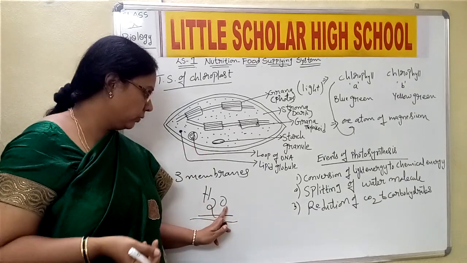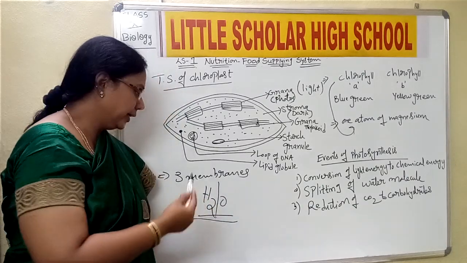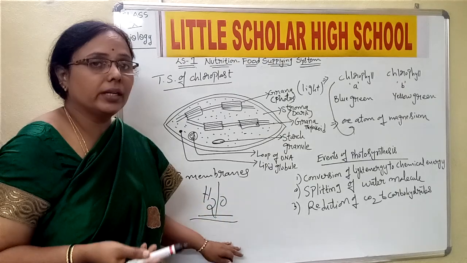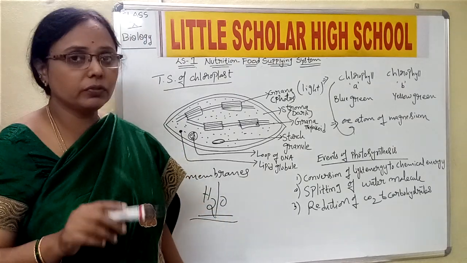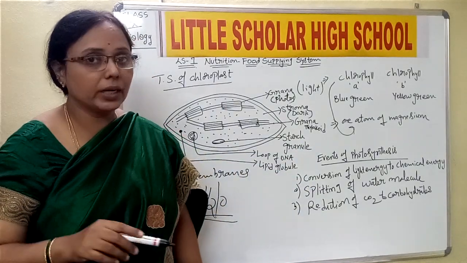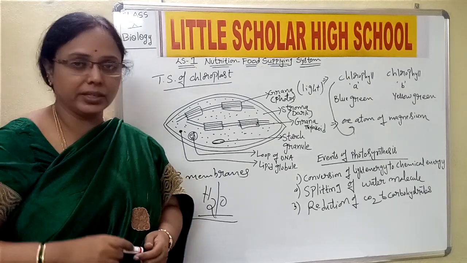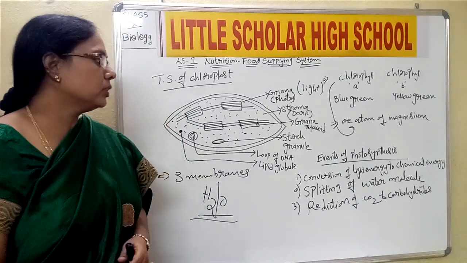That will go in the next class, the splitting of the water molecules into H plus and OH minus. Then the third point is that carbon dioxide is also an essential factor for photosynthesis, so the reduction of carbon dioxide takes place for the formation of carbohydrates. Then it converts into starch and so on. So this is regarding the events.